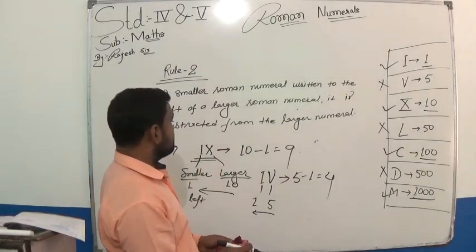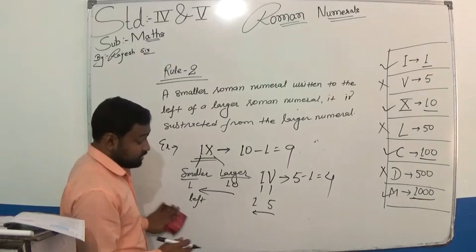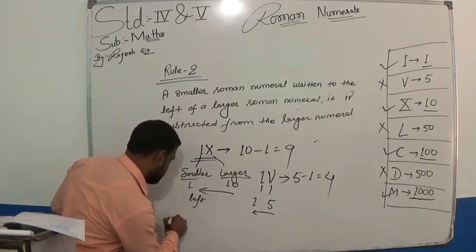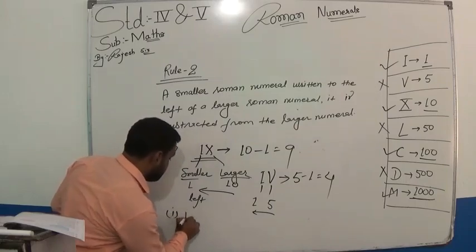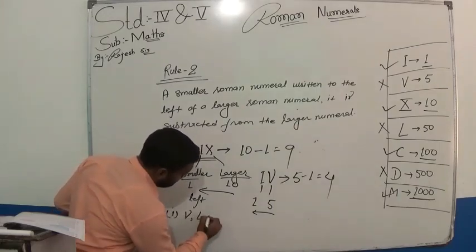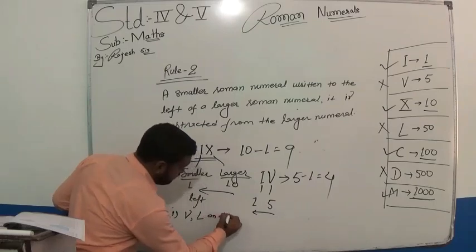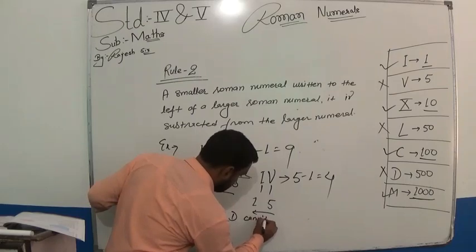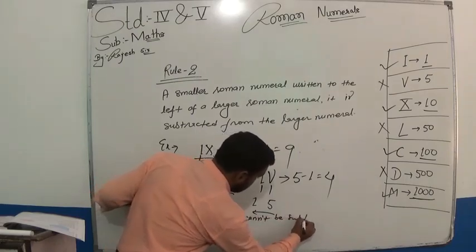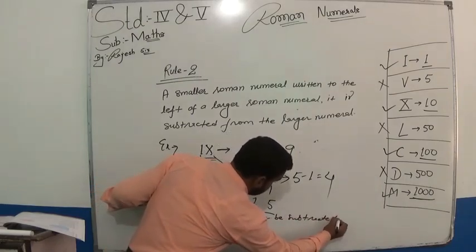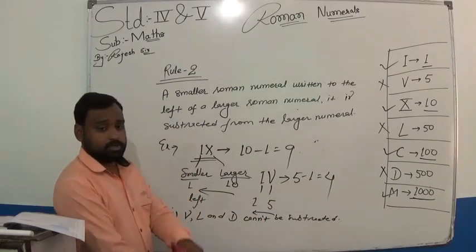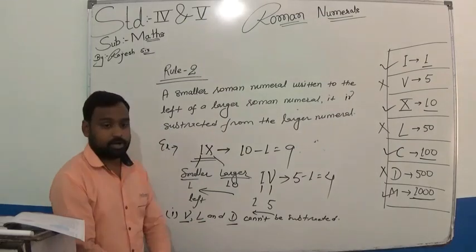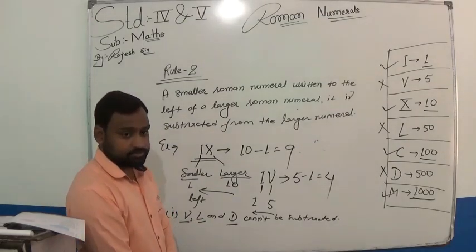Now, there are some exceptions too. Number 1. V, L, and D can't be subtracted. See, V, L, D can't be subtracted.